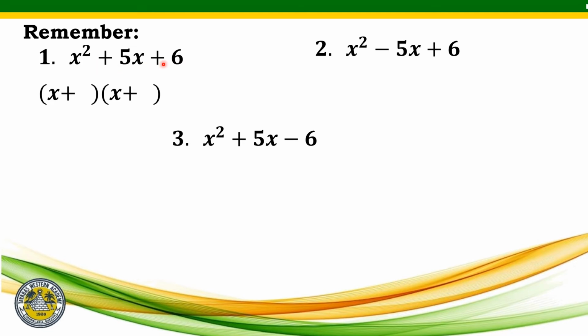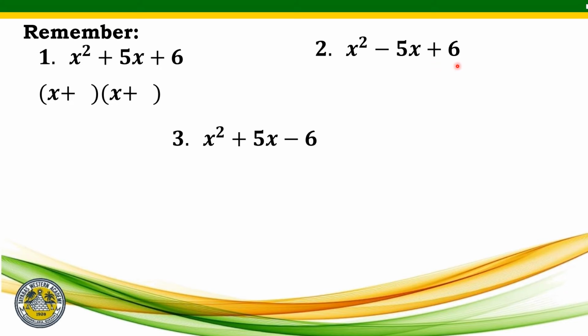So, parehas na positive. So, kapag ganito yung sign ng inyong given. Okay? Next, number 2. When the coefficient of the first term of the trinomial is 1, so ito yon, and the middle term is negative. So, ito yung middle term natin. And the last term is positive. Ito yung last term natin. Then, the two number factors we are looking for are both negative.